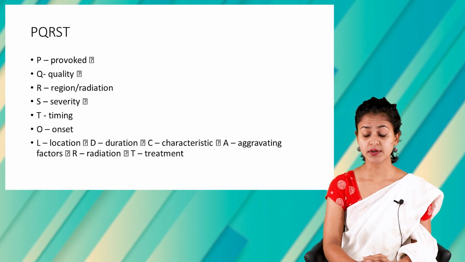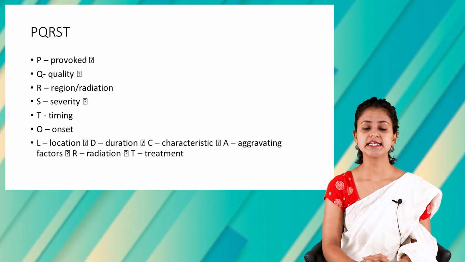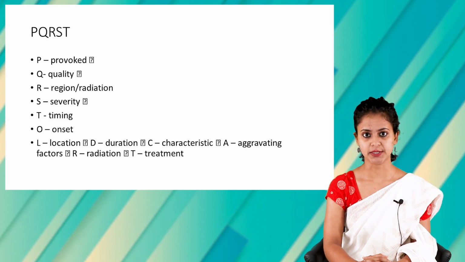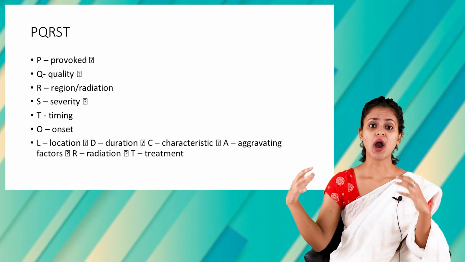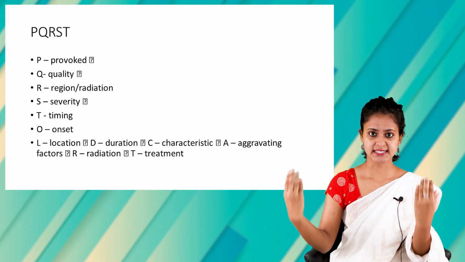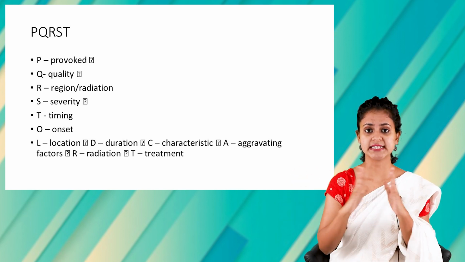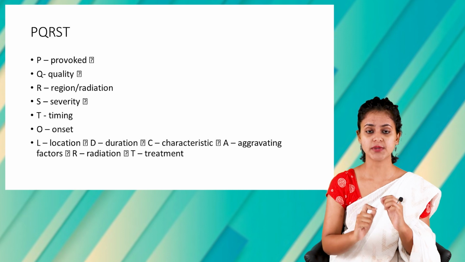R stands for whether the pain is radiating or not. And T suggests the probable treatment, what is perfect for the client to manage the pain. That is how, through different assessments, we are going to collect detailed data related to the pain from the individual.